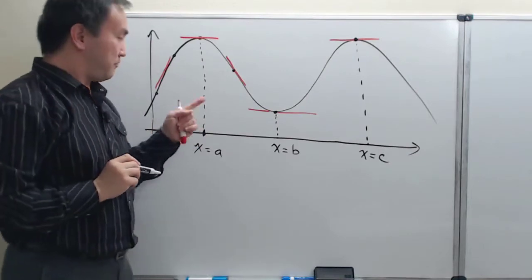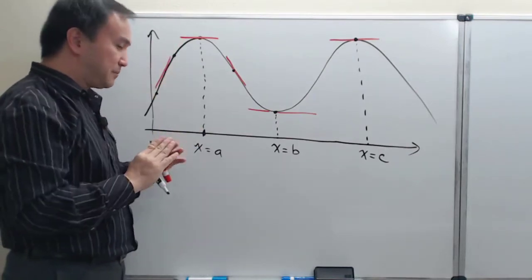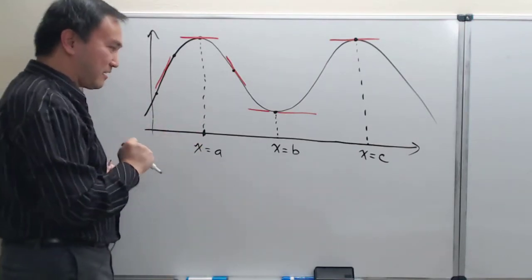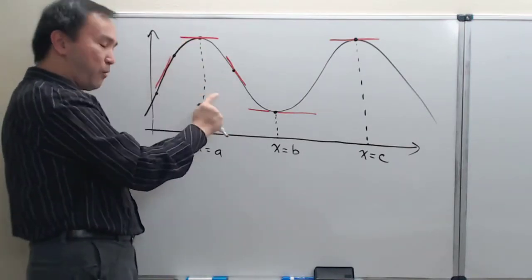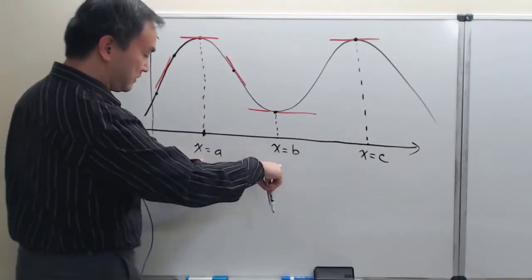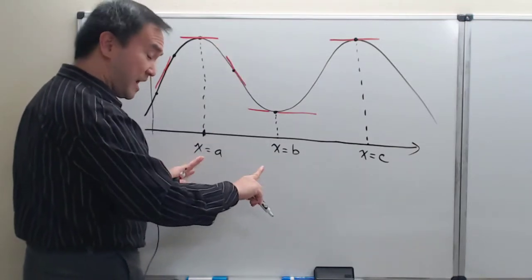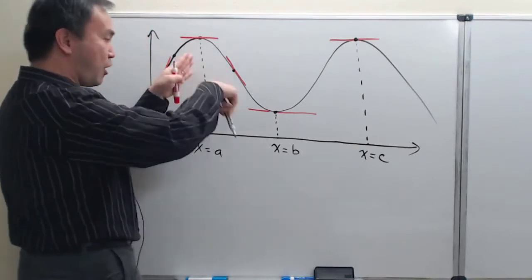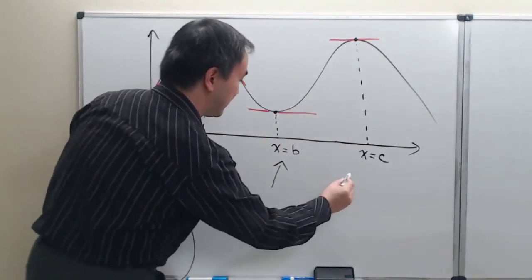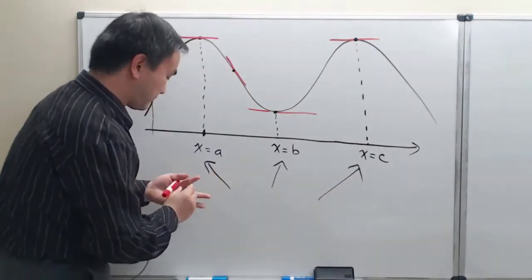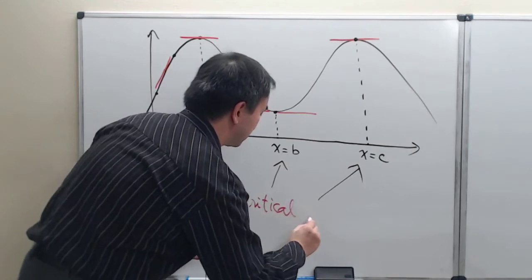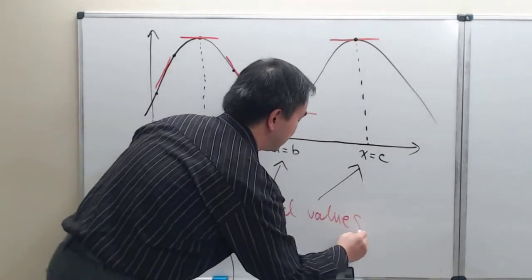Okay, so graphically speaking, visually looking at it, there are a lot of ways you can describe it, but in the end, at those turning points, formally we refer to these x values, the x values that cause the turning points, as the critical values.